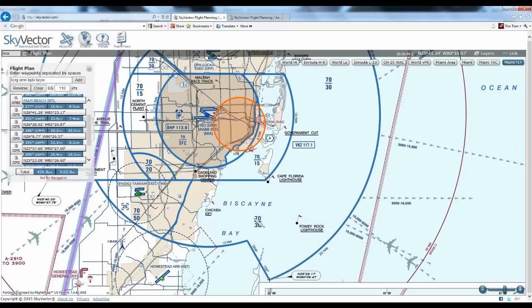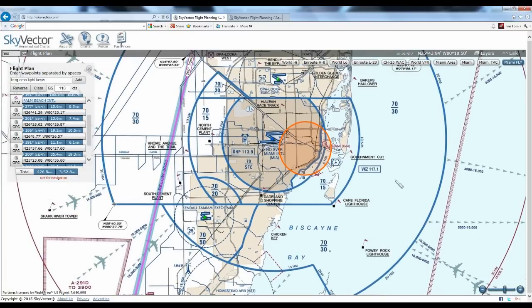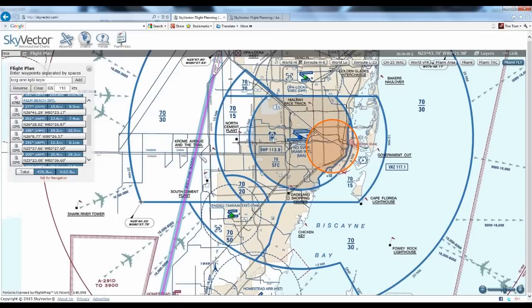But since the Class Bravo roof here is 7,000, we could say that the aircraft, once they exit the Class Bravo, are going to be 7,000 or higher. So yeah, you can look at the shape of Class Bravo to get an idea of where the jets are going to be. Also, the fly chart's very useful to show you where that traffic's going to be, and you get a more zoomed-in version, and you get to easily read where these different waypoints are, these points on the ground that you can navigate with.